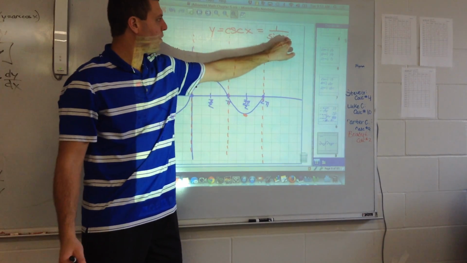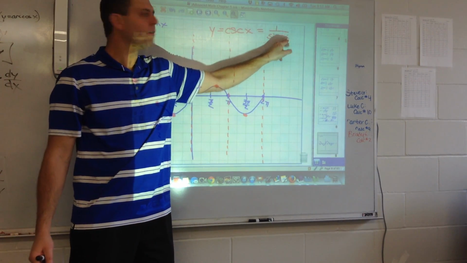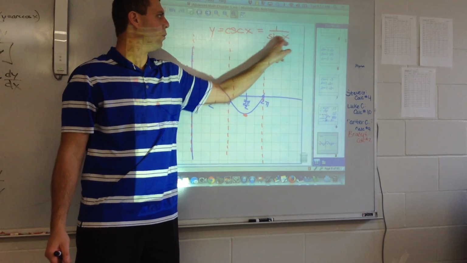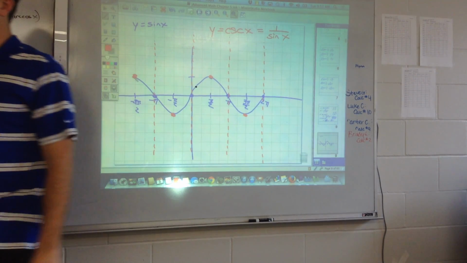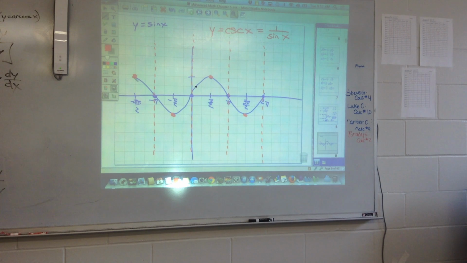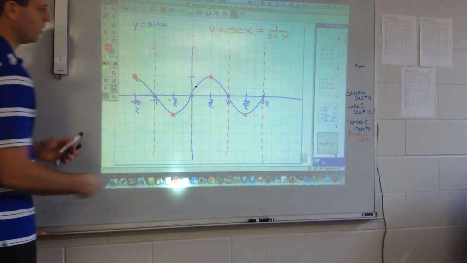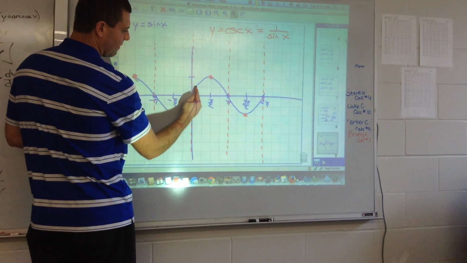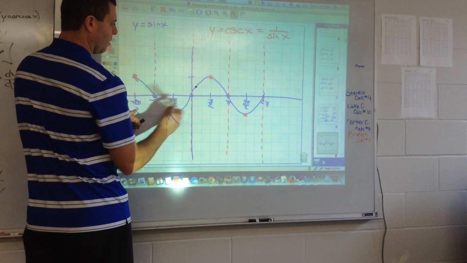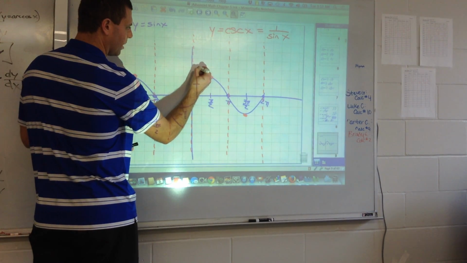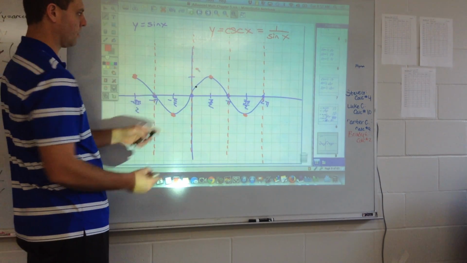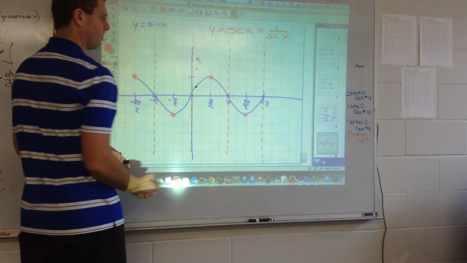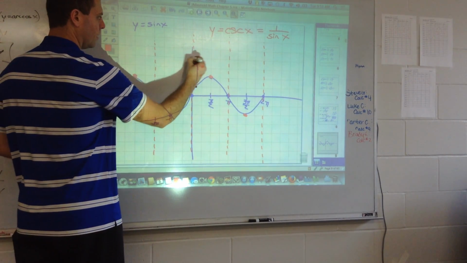What is 1 divided by 1/2? 2, right? So when the sine value equals 1/2, we know the cosecant value would be up here at 2. Gotta remember I'm counting by 1, that's 1, that's 2.